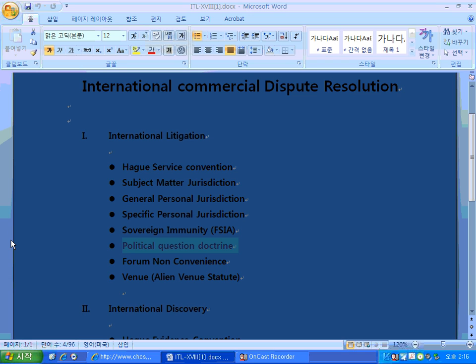So one point to understand in this area of law, state immunity: the FSIA, the Foreign Sovereign Immunities Act of the United States, defines commercial activity as a regular course of commercial conduct or a particular commercial transaction.